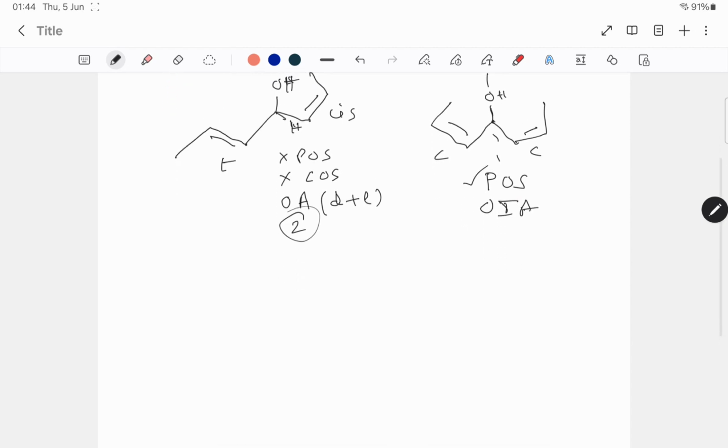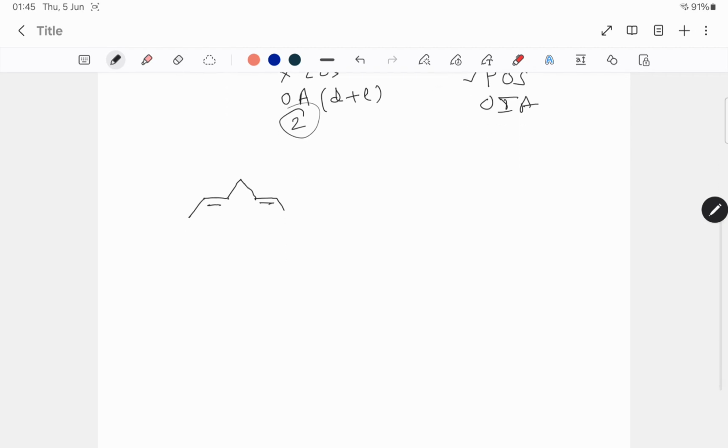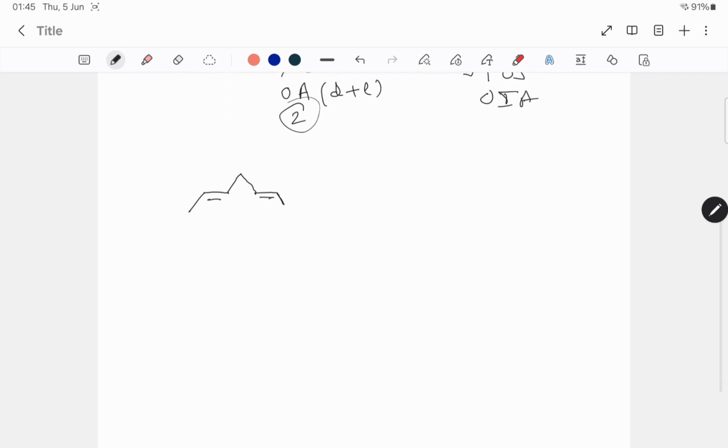Another possibility is both are trans. Now you can easily see again that this carbon is not chiral, and there is a plane of symmetry present in the compound. So this compound is again optically inactive.